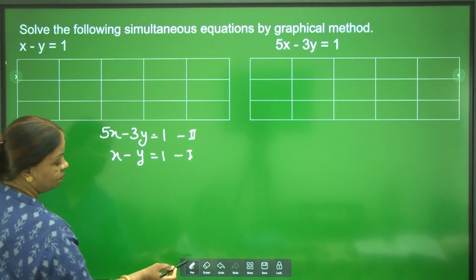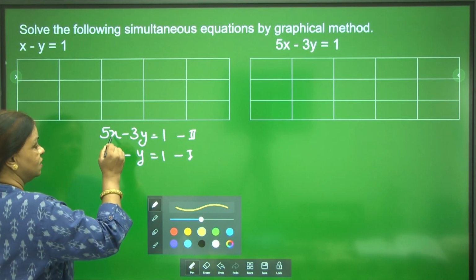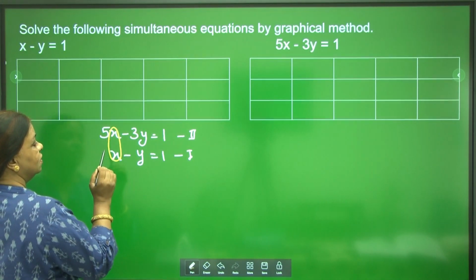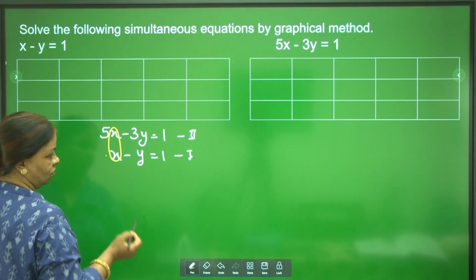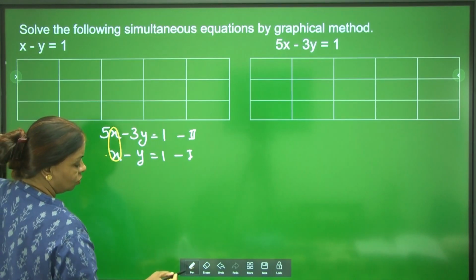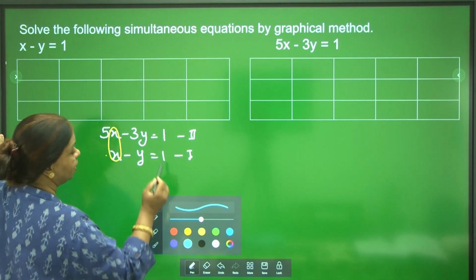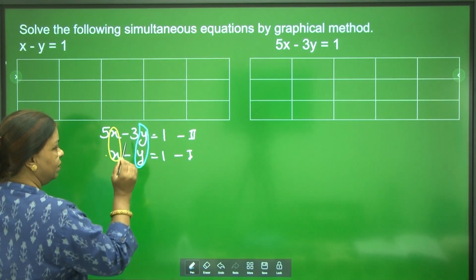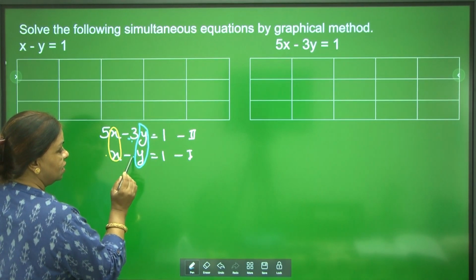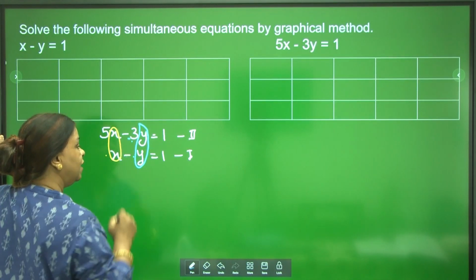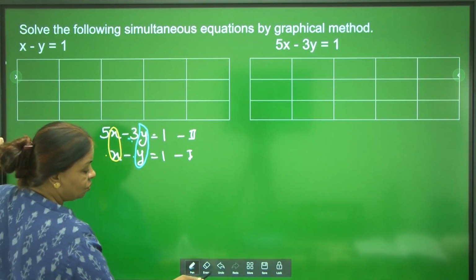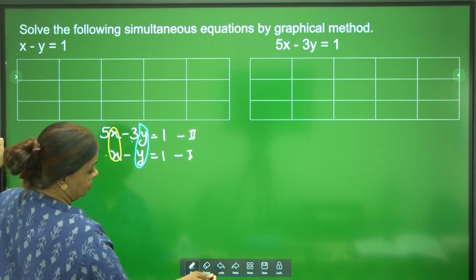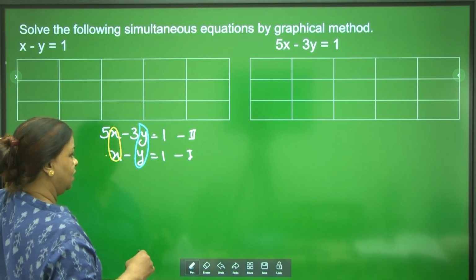Now when I compare the coefficients of x, the coefficient of x is here 1 and here 5, not same. Here the coefficient of y is 3 and here it is 1, means in this it is minus 3 and here it is minus 1, which is again not same. So what I need to do, I need to make their coefficient same.